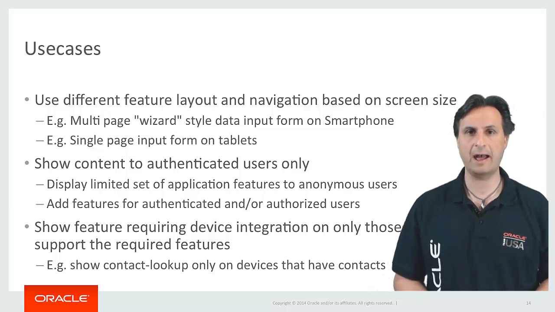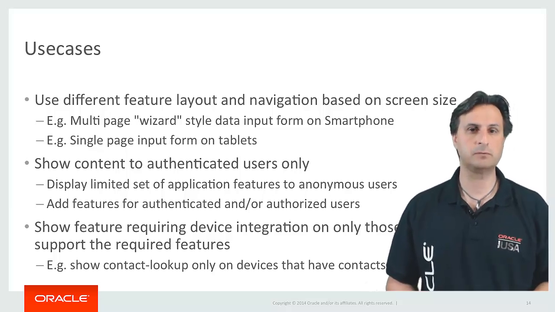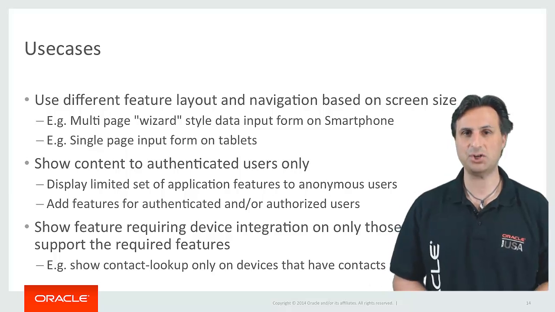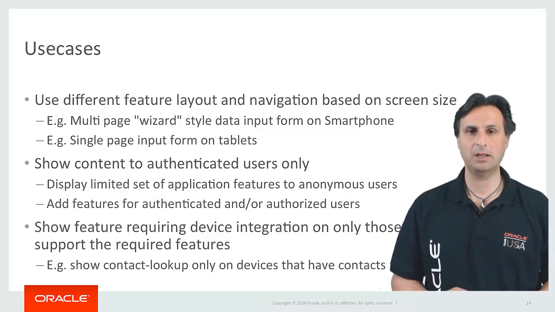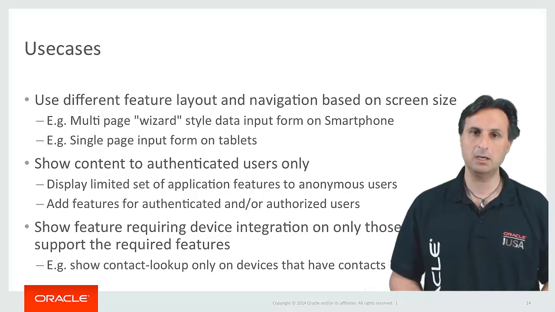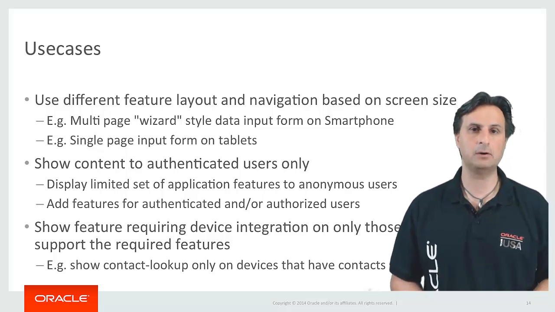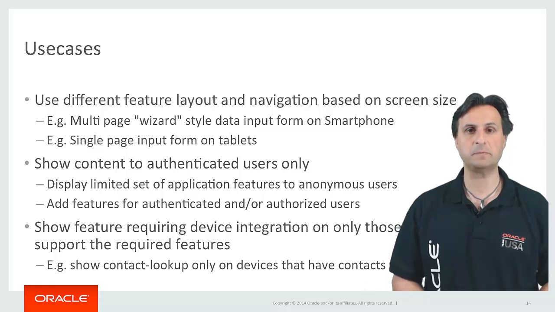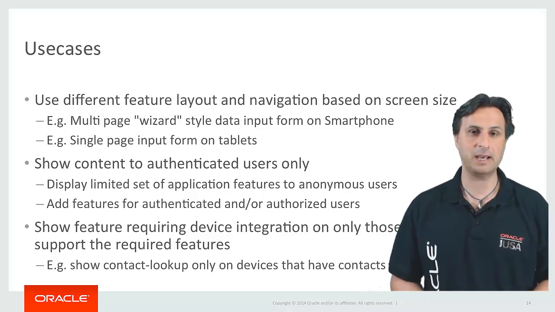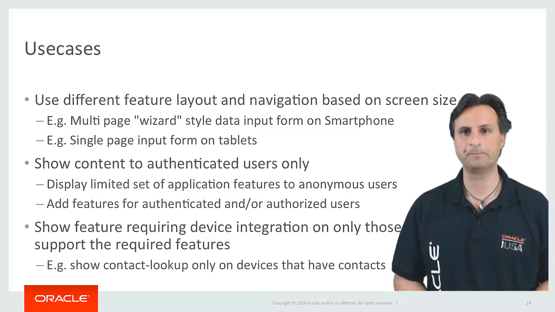So whenever I need to have someone responsible for an action, if there's data changes that I need to track and trace who did that, then of course I cannot show it without the user being authenticated. Now here I can show or hide the feature again using a constraint dependent on, this time not device properties, but the authentication state, so security.